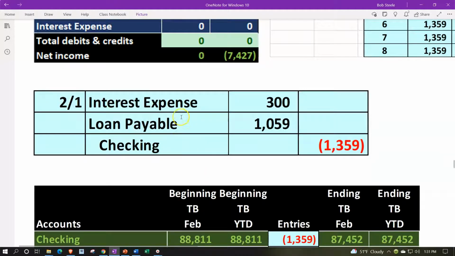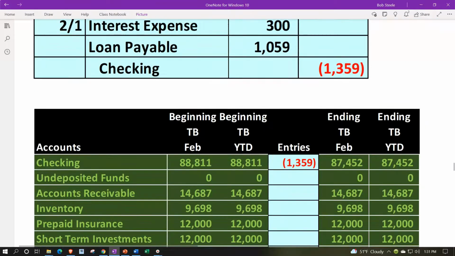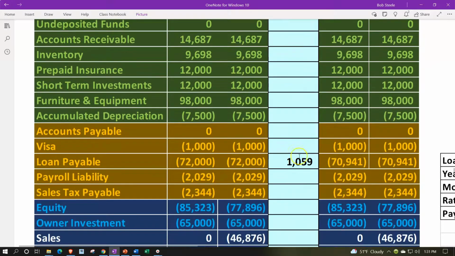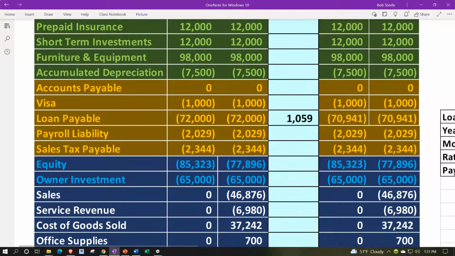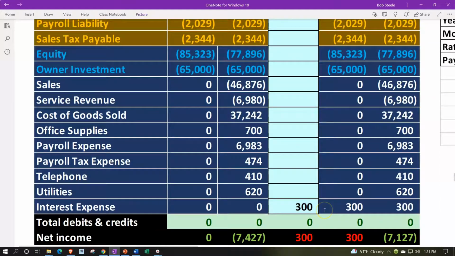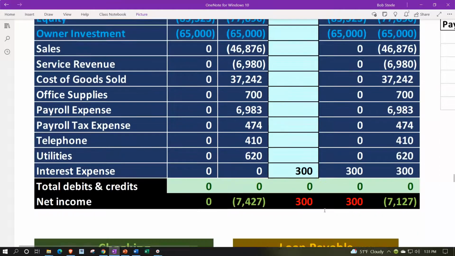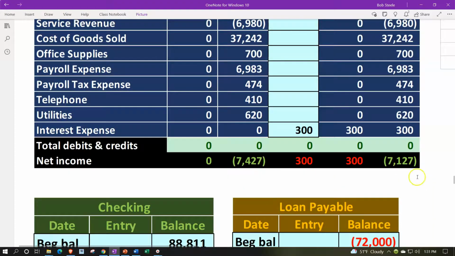Here's our first transaction according to the amortization table, debiting the $300 interest expense, debiting loans payable, and crediting the checking account. What will that do? Checking account's going to go down for both February and year-to-date because it's a balance sheet number. The loan payable is going to go down for both as well, and the interest is going to go up, and that will bring down the net income.